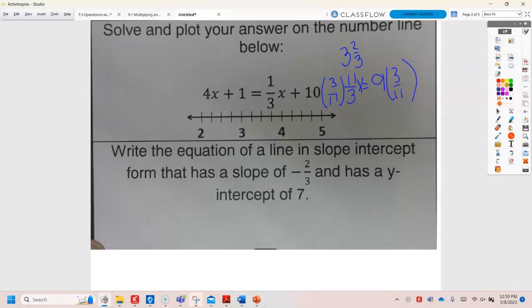And we get 27/11ths. 11 goes into 27 2.5-ish times. So you would plot your point in there somewhere. It's like 2.45. So again, 4.5 around 5.